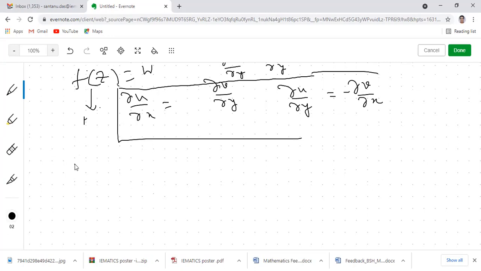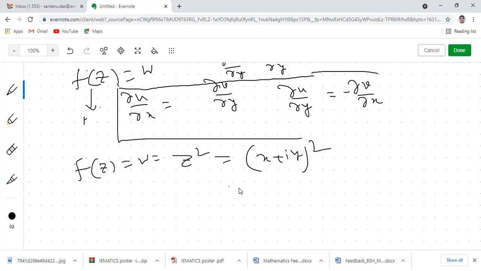Just I am giving one example. Let us consider a function f(z) equals z square. So z square means we can put (x plus iy) square. If you segregate the real and imaginary parts, you will be getting x square minus y square plus i into 2xy.